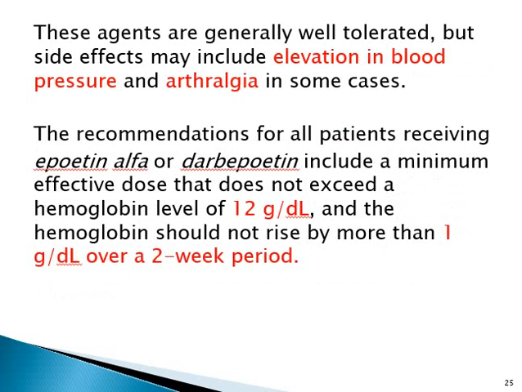These agents are generally well tolerated, but side effects may include elevation in the blood pressure and arthralgia in some cases. The recommendation for all of the patients receiving epoetin alpha or darbepoetin includes a minimum effective dose that does not exceed the hemoglobin level of 12 grams per deciliter, and the hemoglobin should not rise by more than 1 gram per deciliter over a 2-week period.